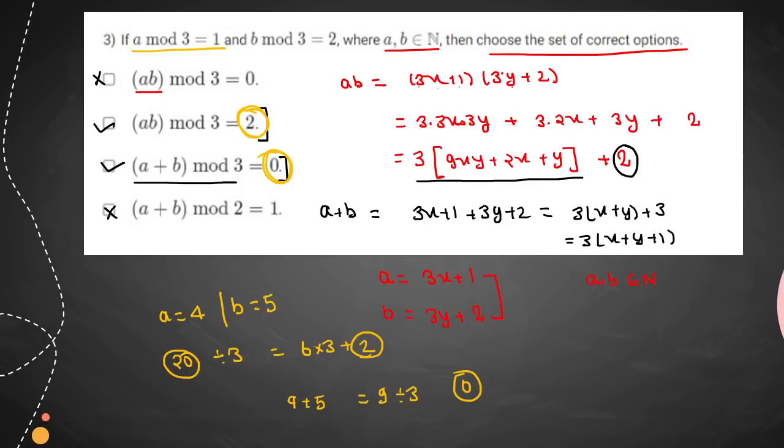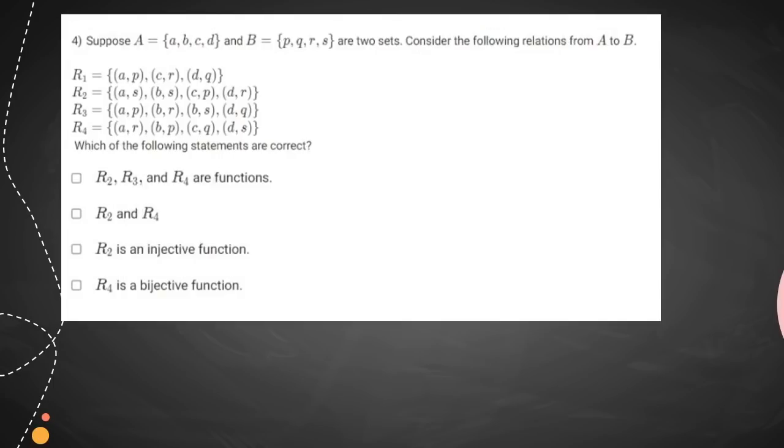So moving to the fourth question. This question is asking which functions are injective and bijective. Injective are those that are one-one, and bijective are those where the codomain is equal to the range.